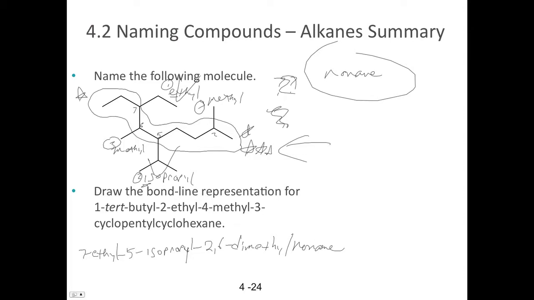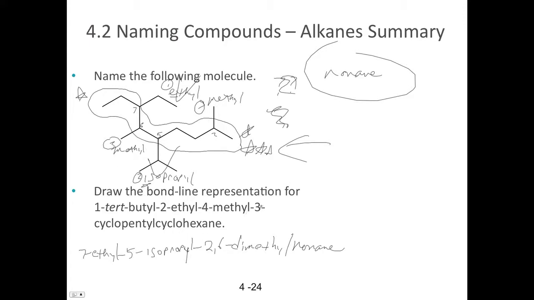So draw your nonane, and then off of your nonane, put an ethyl where the 7 carbon is, put an isopropyl where the 5 carbon is, and put 2 methyls where the 2 and 6 carbons are. That's how to figure it out. Make every study thing that you do work double duty for you if possible. So don't just draw the name for it, but also reconstitute the structure for it.